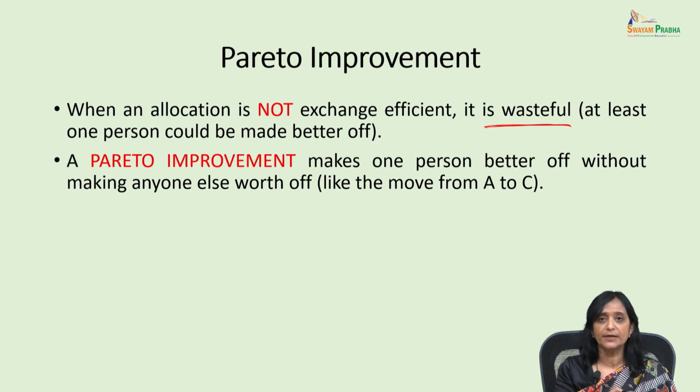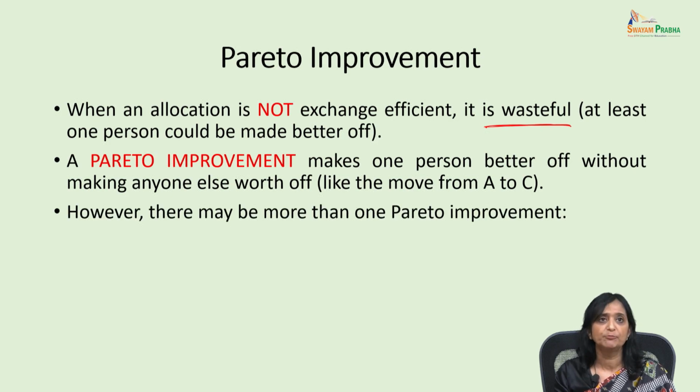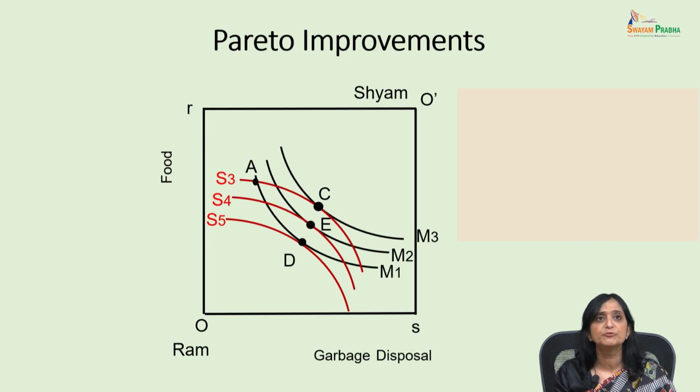So if there is room for improvement of anyone without making someone worse off, we call it Pareto improvement. So a Pareto improvement took place when we move from point B to C or from A to C. That is called Pareto improvement. But what may happen is that there may be more than one Pareto improvement.